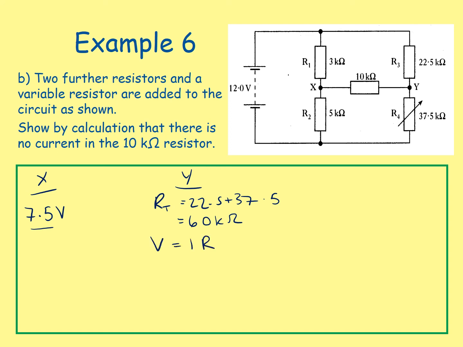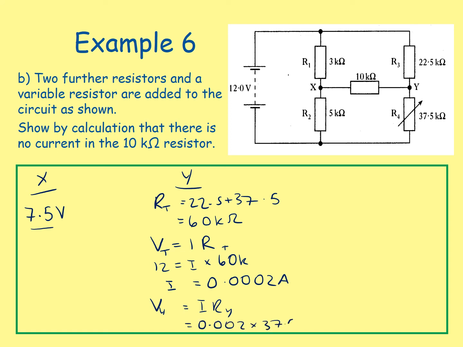Using V equals IR for our totals, that's 12 equals I times 60 kilo ohms. So our current is 0.0002 amps. Now we can use Vy equals I times Ry, which is 0.0002 times 37.5 kilo ohms, which is equal to 7.5 volts.